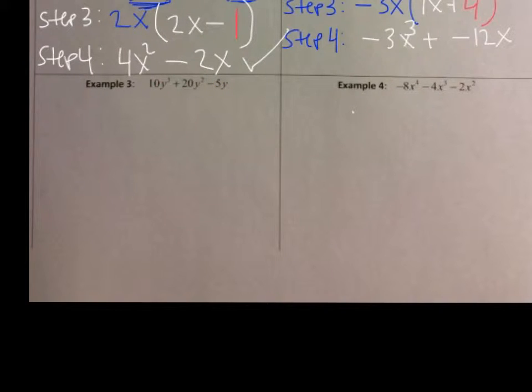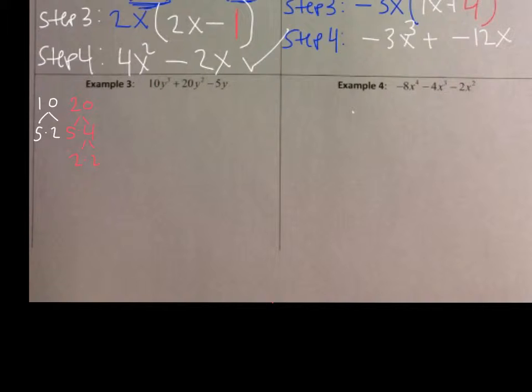Alright, so 10. Two numbers that multiply to 10 are 5 times 2, and I think that's it. 20. Two numbers that multiply to 20 are 5 times 4. 4 is not a prime number, so let's break that down one more time into 2 times 2.